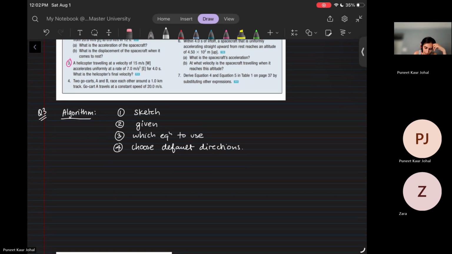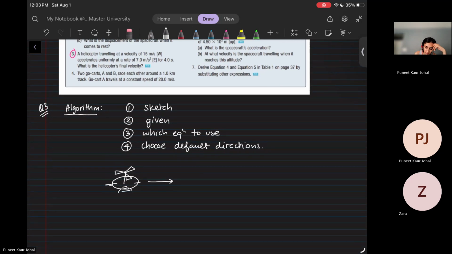So let's say we have this helicopter. I think that only has 3 wings. But yeah, this is what is traveling at a velocity of 15 meters per second.